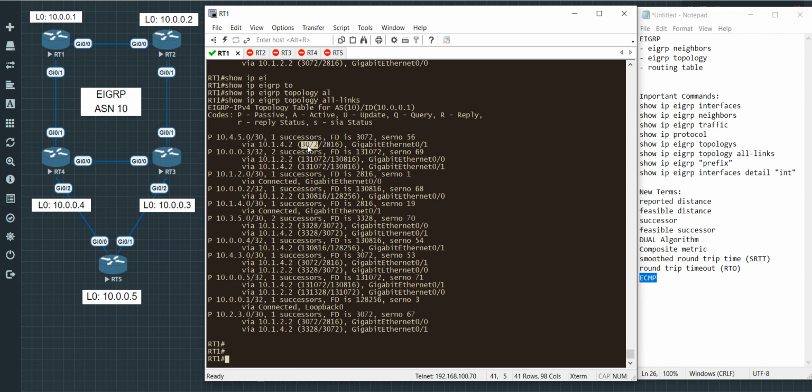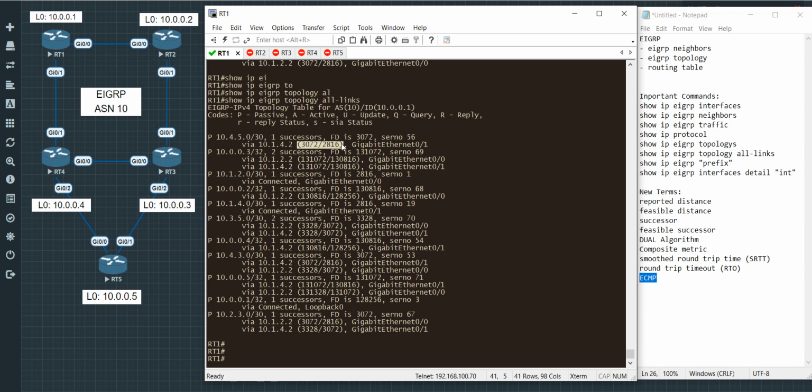The first value is the feasible distance, which you can see here, FD is 3072. The second value is the reported distance or advertised distance. You may see some literature refer to this second value as reported distance, or sometimes as advertised distance.